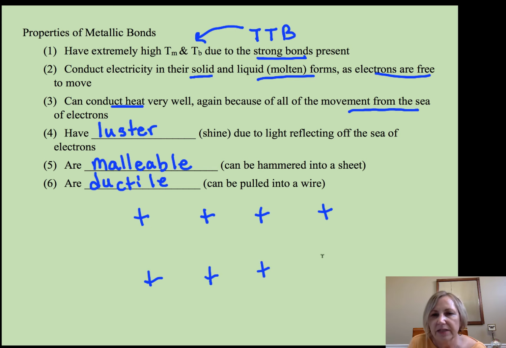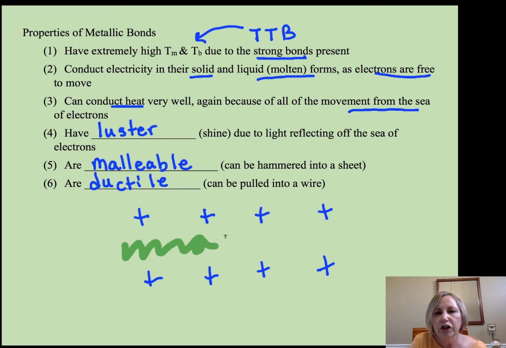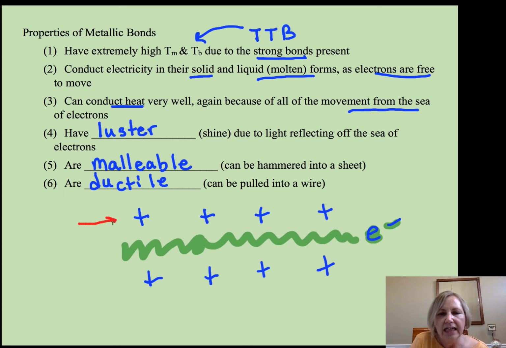It's alternating positives, but those positives are buffered from repulsion by the movement of those electrons throughout the structure. So I can add a stress, a force on a layer, and the positives still don't repel the positives because you have this buffering region of electrons that prevent them from experiencing excessive repulsion. And that's why they're malleable and ductile.